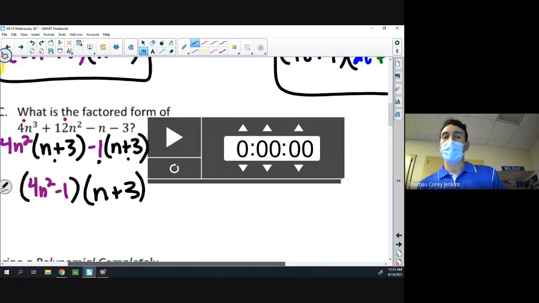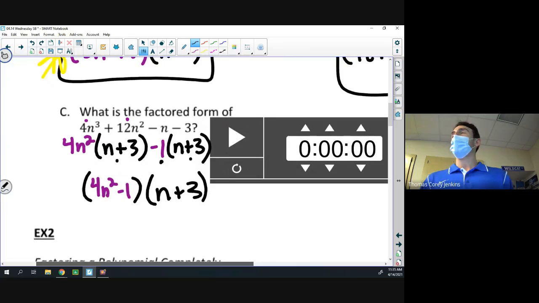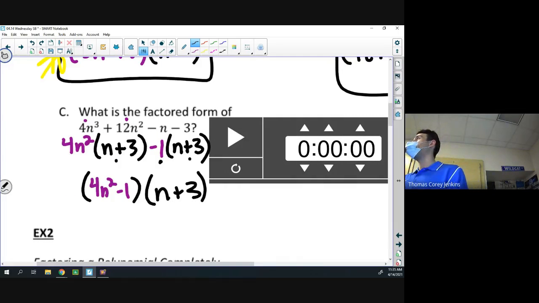Going back up to example 1C, like I said, I don't think this will happen on your MathXL problems, but this is something that you need to look out for. Can anybody tell me how you could factor out even more? Like, how could you factor out that first factor? Anybody see what it is?